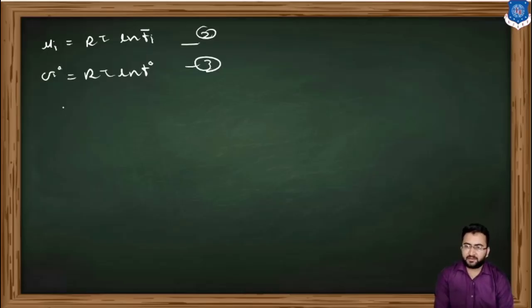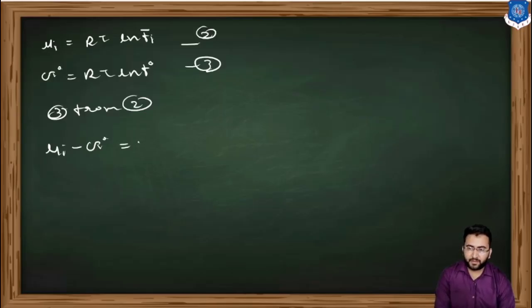Subtracting equation number 3 from equation number 2, we get mu i minus Gi naught is equal to RT ln fi bar minus RT ln fi naught.